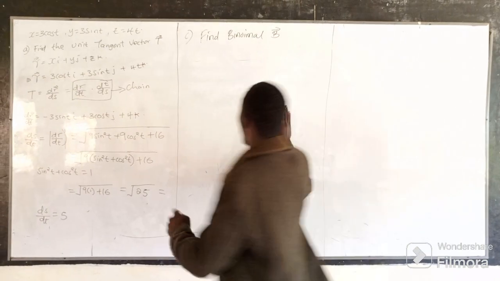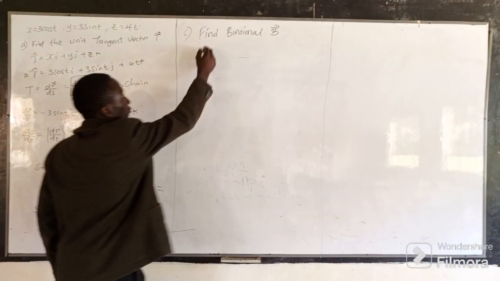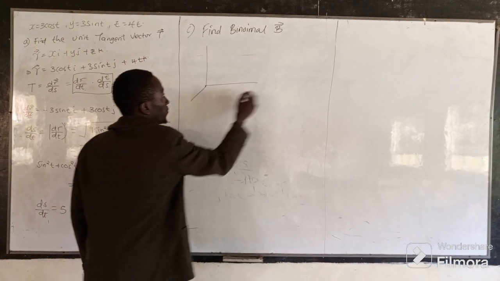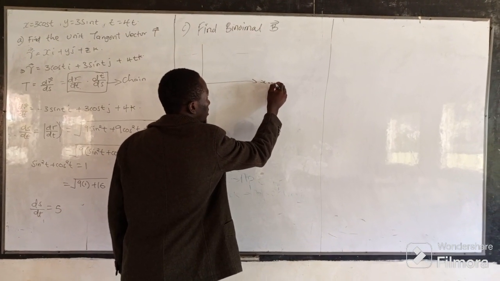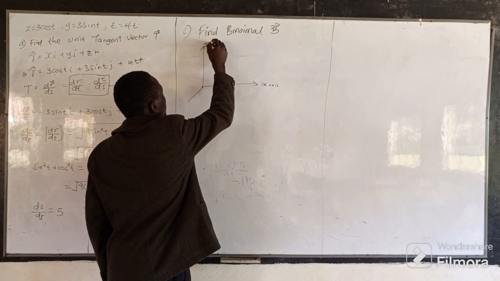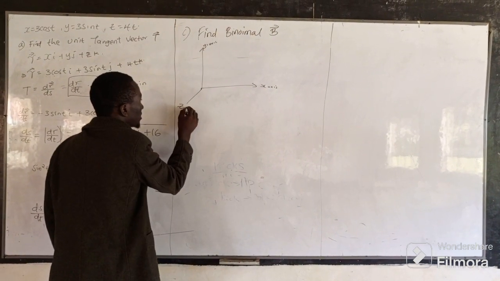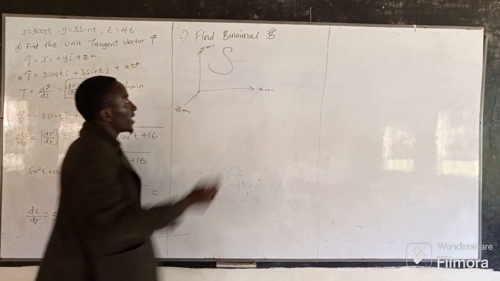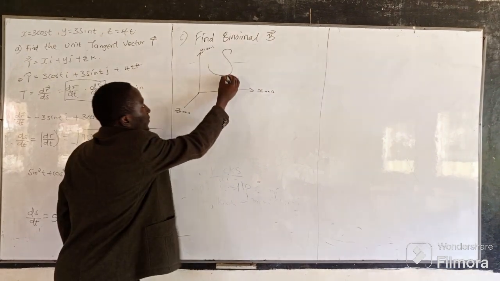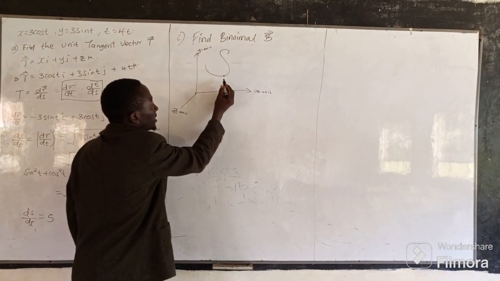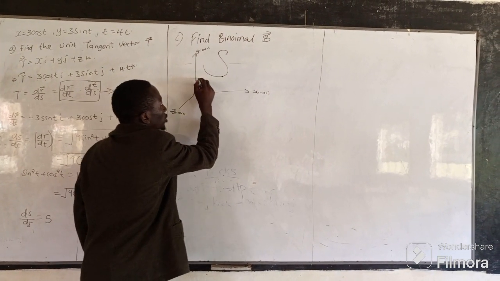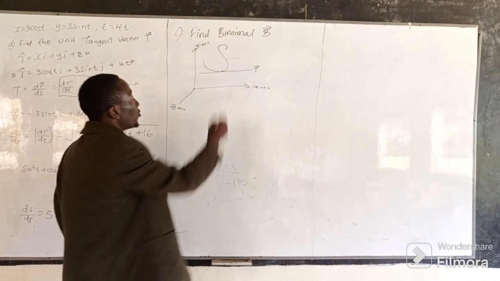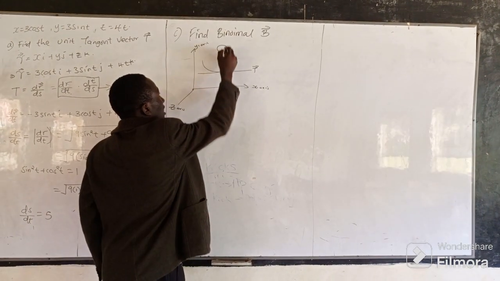From that small graph of the plane figure, I have this as the x-axis, these are the y-axis, these are the z-axis. Then this is my curve. I'm looking at the tangent at this point, so I'll have to look at the tangent T. This is my tangent vector T. The normal is always perpendicular to the tangent.